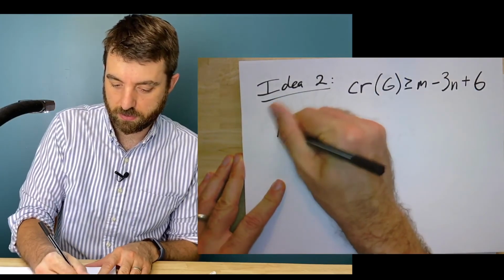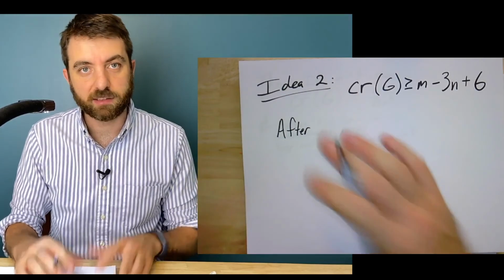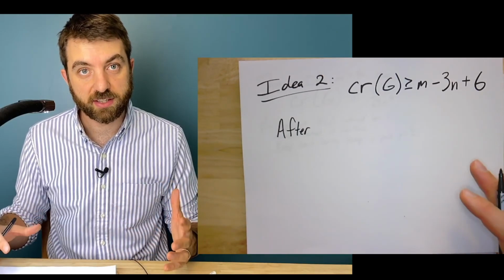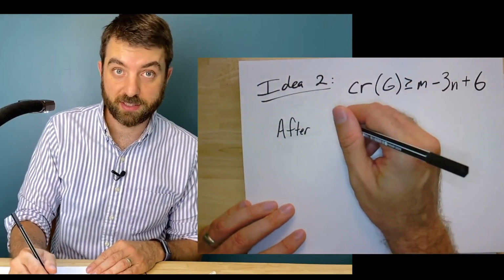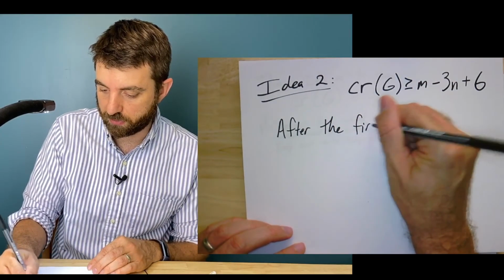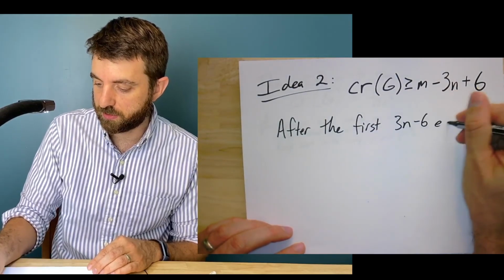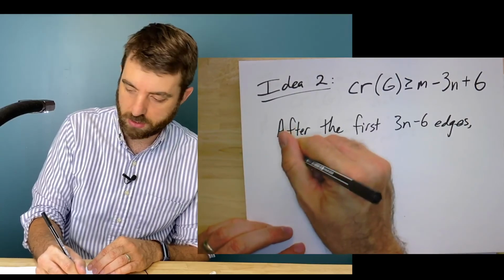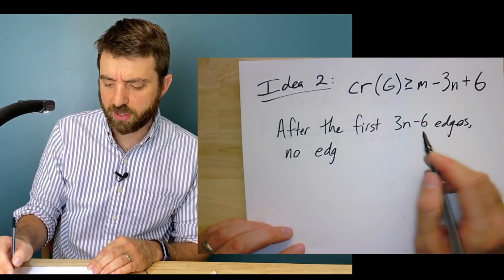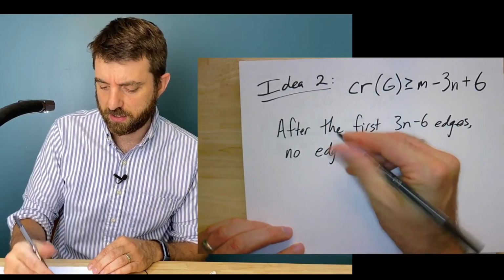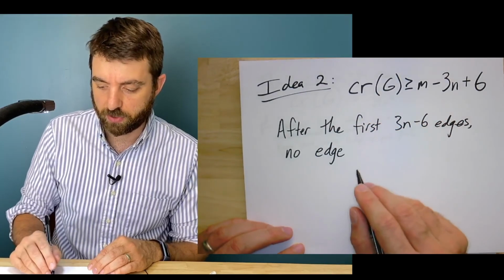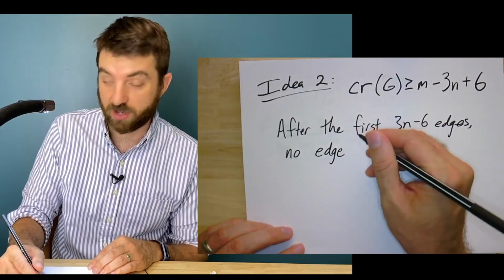So if you took even a maximal set of edges that don't have any crossings, there's at most 3n minus 6 of those, and every one after that is going to cross some other edges. Again, you have to be careful about how you order them, but you do as best you can to not introduce crossings. And at some point up to or before 3n minus 6, you will start introducing crossings with every edge you add.